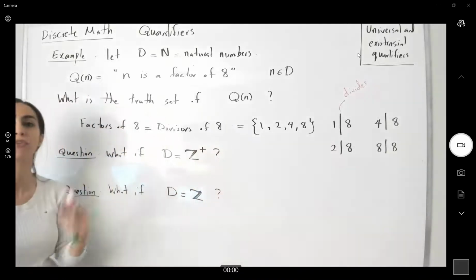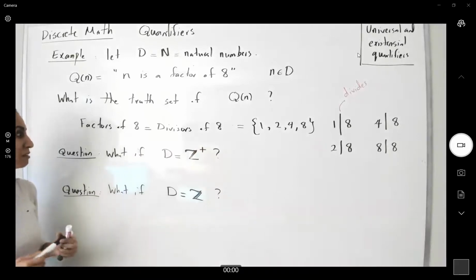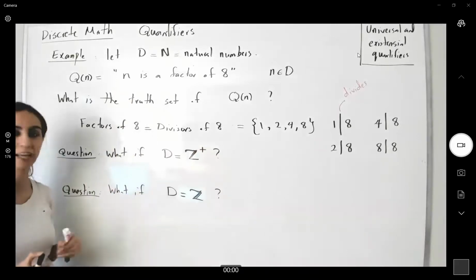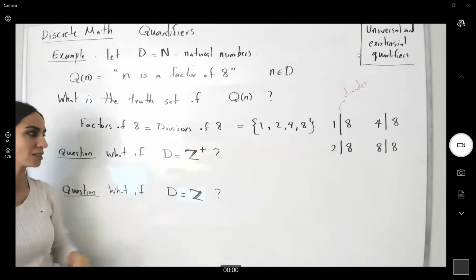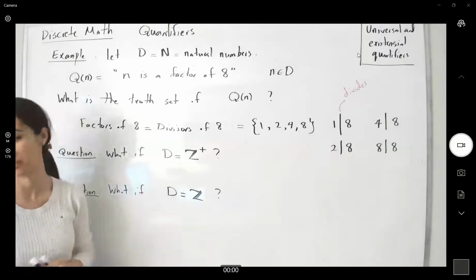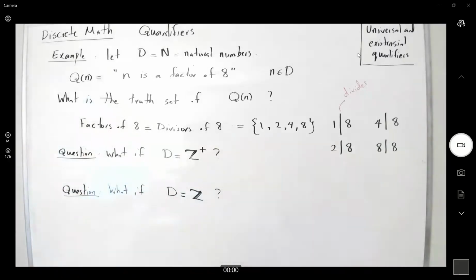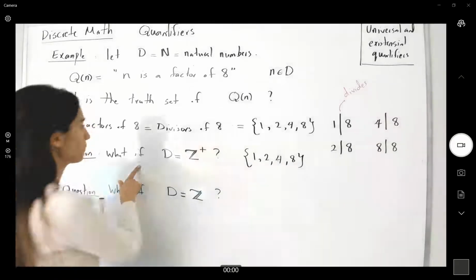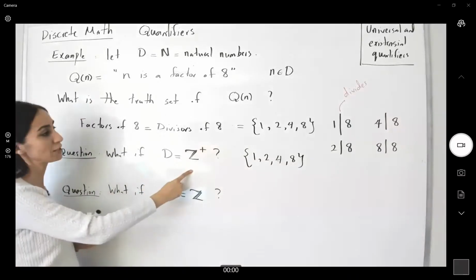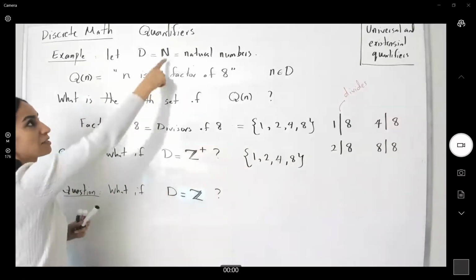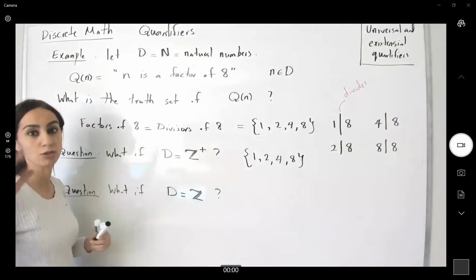So what are the truth sets for this predicate if I change the domain into positive integers and also integers? Very well. So if we change the domain to positive integers, it's going to be the same as the natural number set, and the truth set is going to be the same.